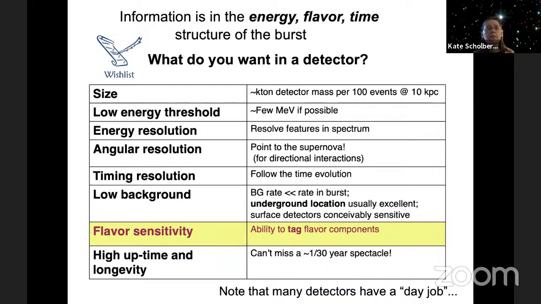And so we're talking about, where here event, I mean one neutrino interaction. So we're talking about huge detectors. You have to be sensitive to the energies of neutrinos, which by neutrino standards are relatively low. So a few MeV, you want to have sensitivity to quite small energy depositions. And so that's challenging.